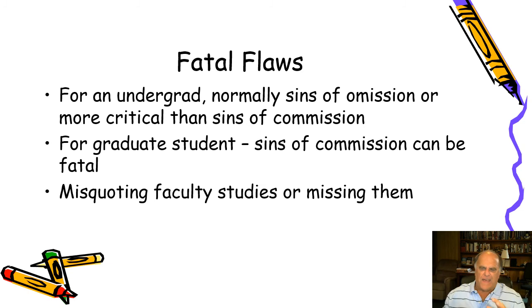And probably a final fatal flaw, one that gets into the ego of faculty, is misquoting studies by your faculty, or, if your faculty has done studies on a particular topic, missing them or not including them in your literature review. I personally don't have a big ego, so if you misquote me, it doesn't bother me that much.